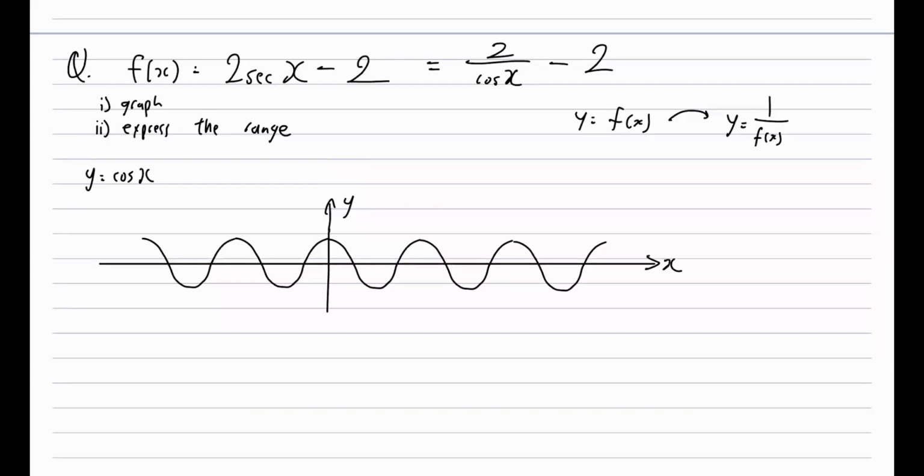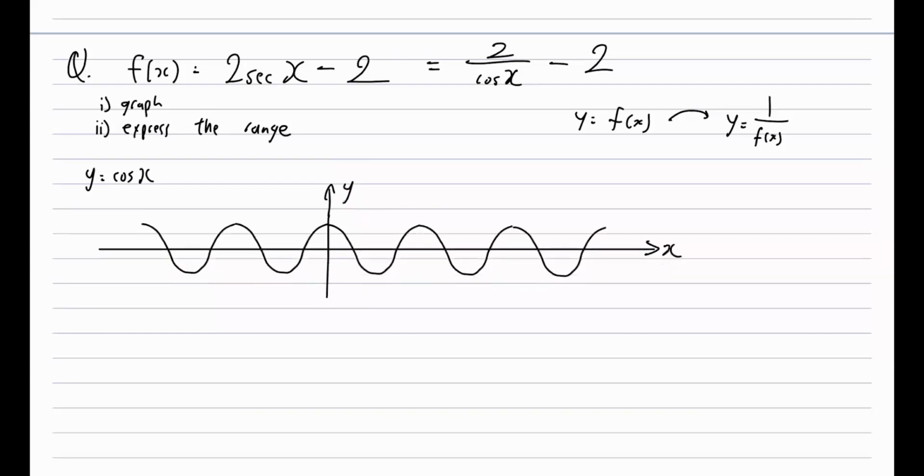Okay, let's think about it. So if this is f of x, let me change to say blue color. This one is 0, 1, correct? Cosine x. Then what happens if I try to draw my 1 over f of x? That means that I will pass through x equals 0 and y equals 1 over 1, right?